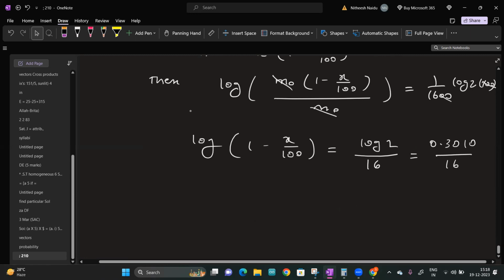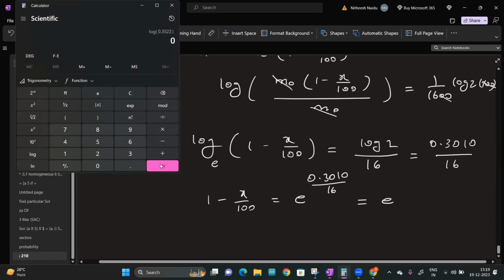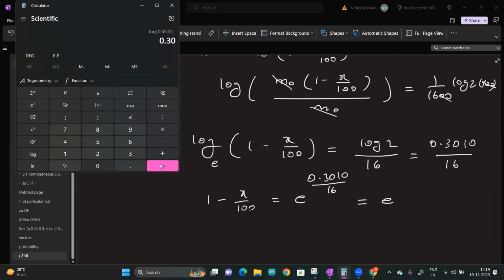So 1 minus X by 100 is equal to e power 0.3010 upon 16. First calculate 0.30103 divided by 16.